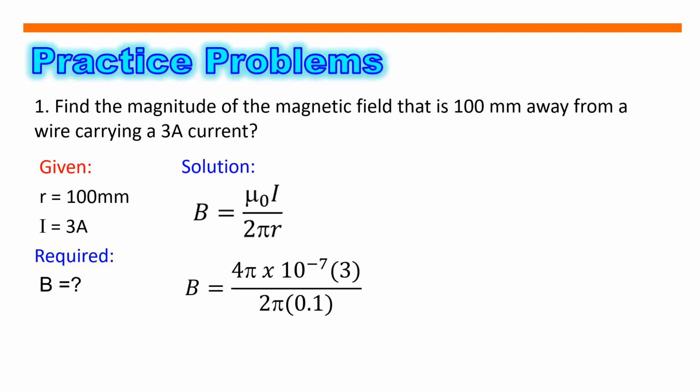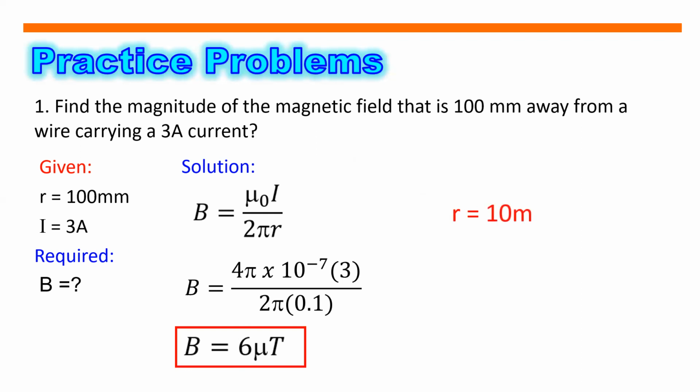If we convert the 100 millimeters, that is equal to 0.1 meter. Remember, the standard unit for distance is the meter, so we converted 100 millimeters into 0.1 meter. So the strength of our magnetic field is equal to 6 microtesla.